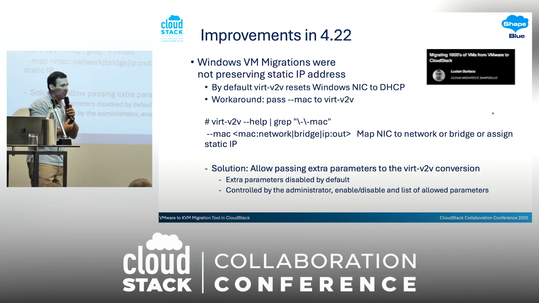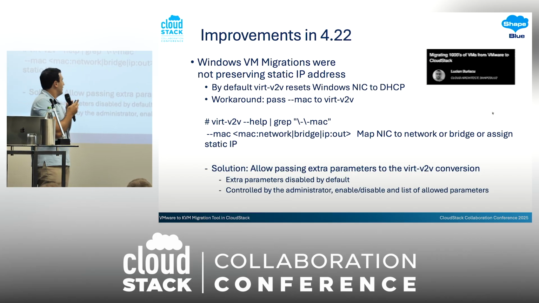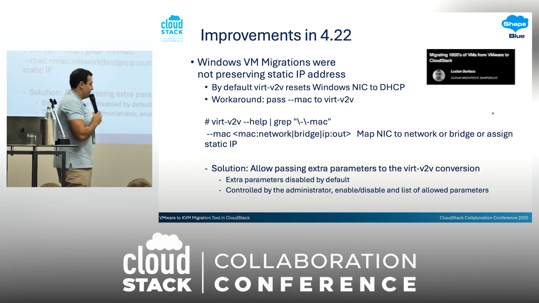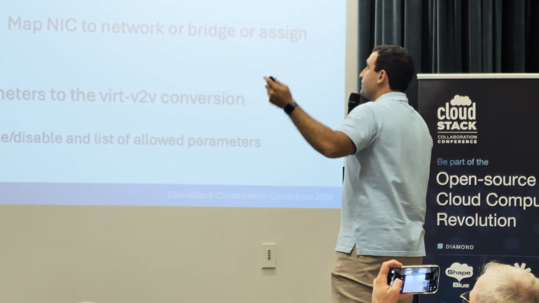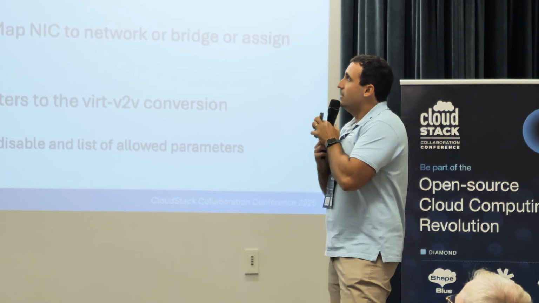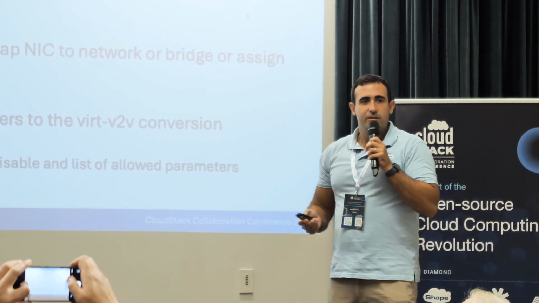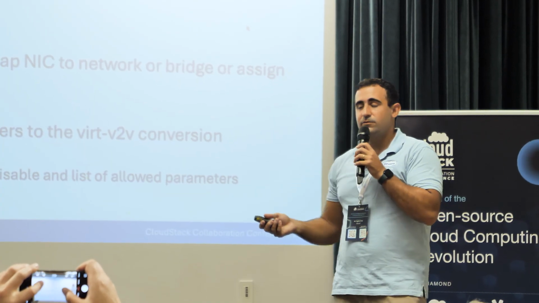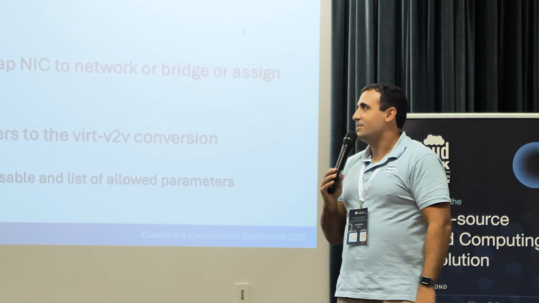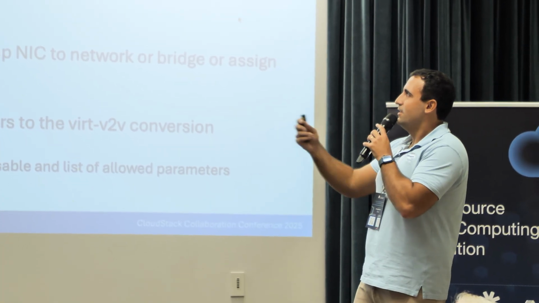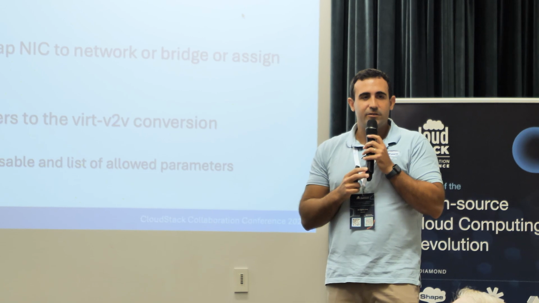Yeah, there is another improvement, which is allowing extra parameters to be passed. And this came from a use case for Windows VM migration, in which the static IP address of those Windows VMs was not preserved after the migration.